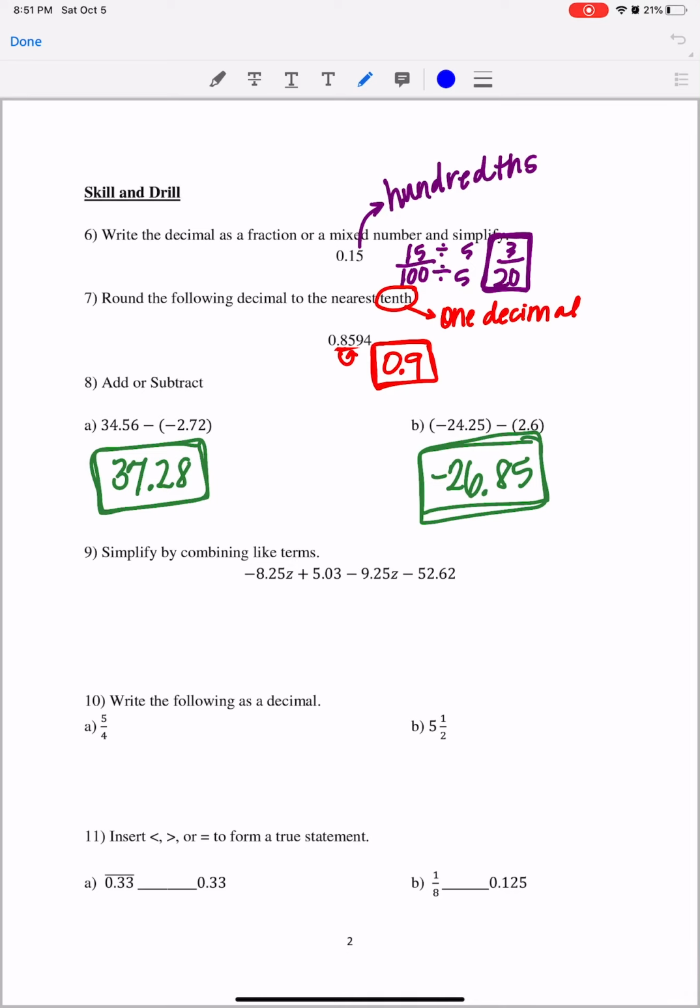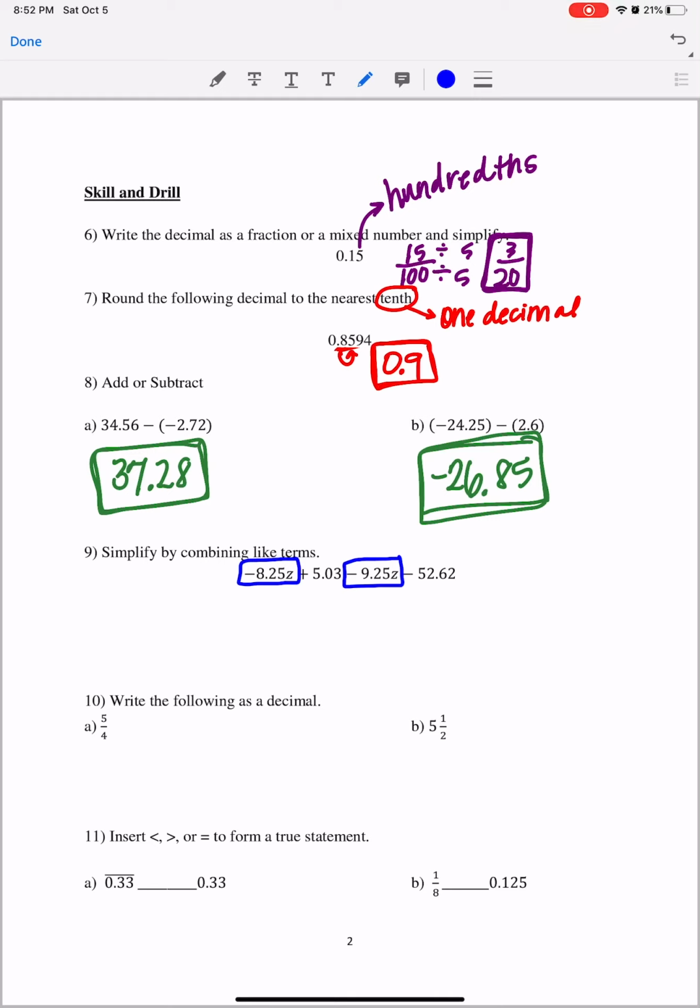Number 9, we need to simplify by combining like terms. The first term we have here is a negative 8.25z. What else is your like term with it? It's this other one right here with that z. Please remember to keep the sign that's in front of it. So it's a negative 9.25z.